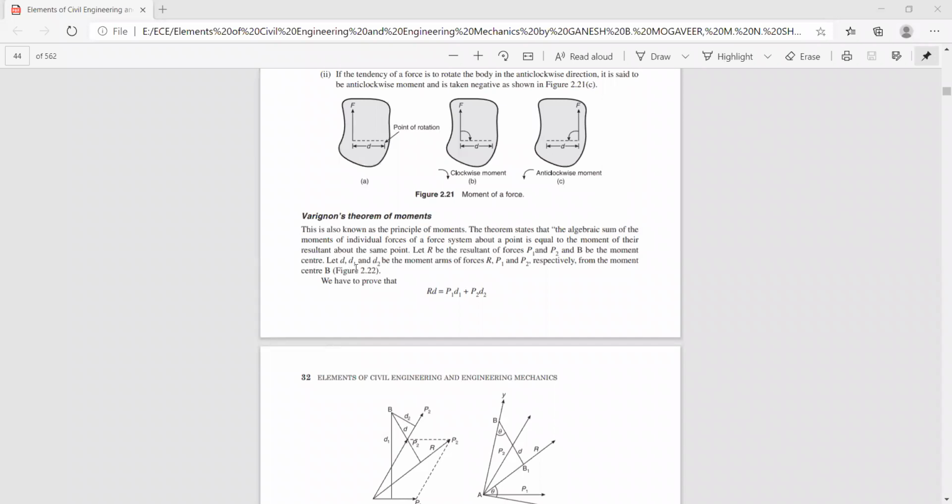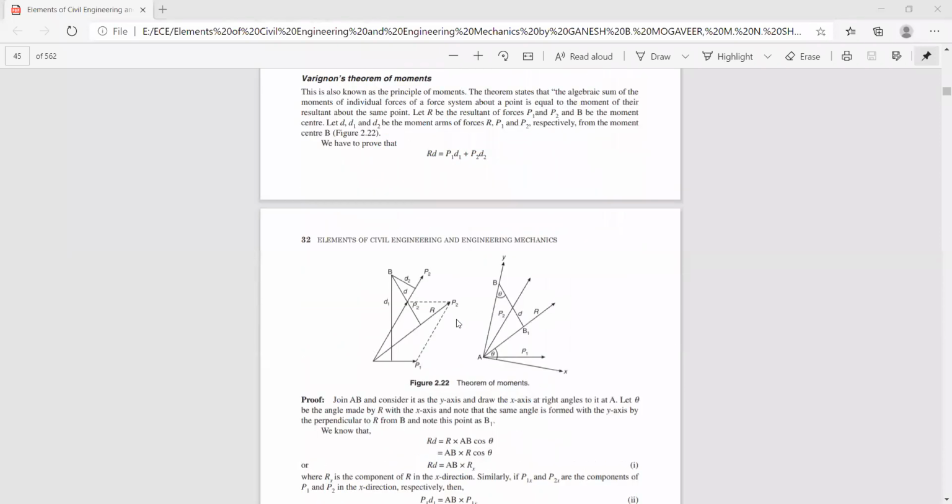Let D1, D2 be the moment arms of the forces P1 and P2 respectively from the moment center B. Now we have to prove that the moment of the resultant, that is R into D, where D is the perpendicular distance, is equal to the algebraic sum of moments of these two forces about the same point, that is P1 into D1 plus P2 into D2. That is R into D is equal to P1 D1 plus P2 D2.